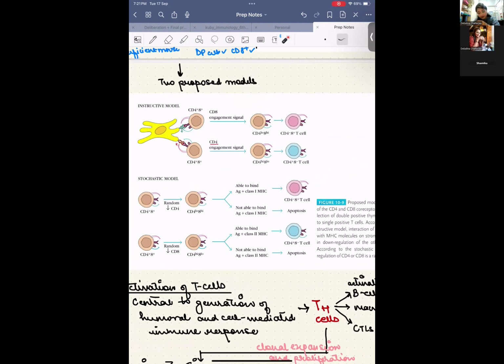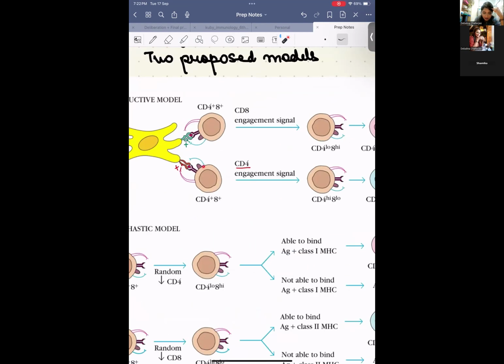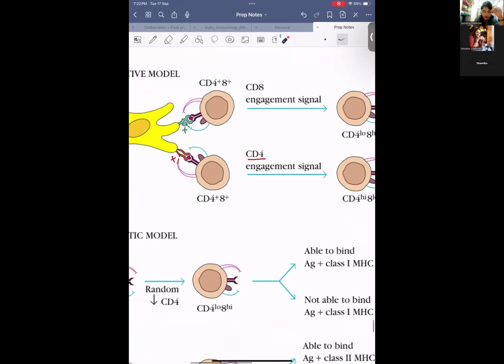So, as a process of differentiation, your expression of certain membrane receptor molecules can either increase or decrease based on the genes that are getting upregulated or downregulated. So, any sort of signal, this engagement is happening extracellularly. But we will have some domains here. So if you remember, we have certain intracytoplasmic domains.